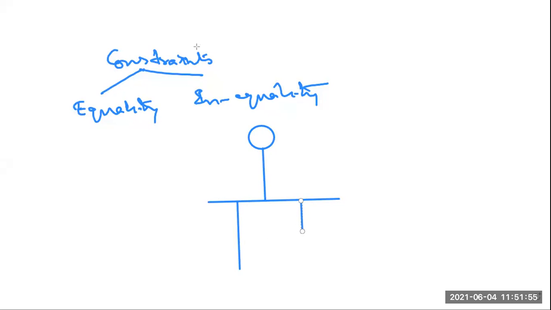So this is your generator. Let us say another bus is here. This is bus number i, and this is your bus number j. And here you have a connected load.